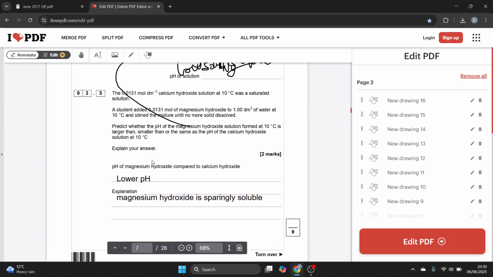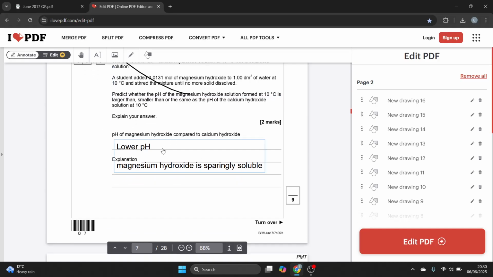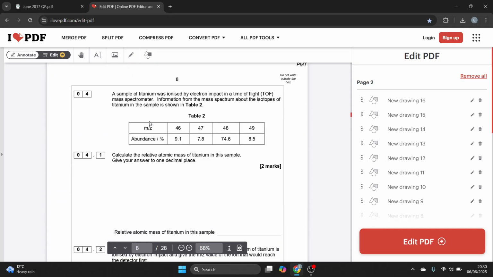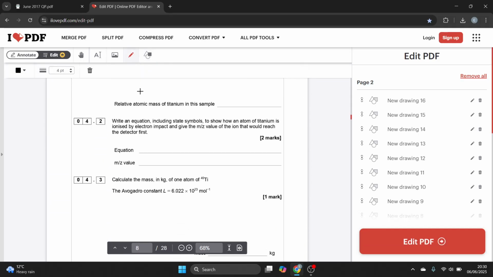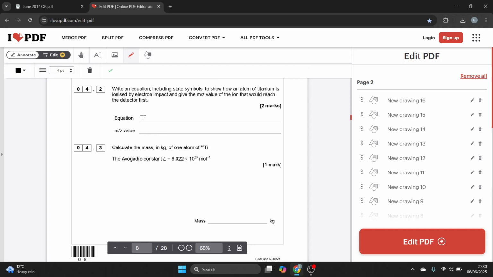And how would that affect the pH? Because therefore I'm not going to dissolve as much in the water, so the pH is going to be lower. Very difficult one, honestly. Okay, skipping 4.1, 4.2.